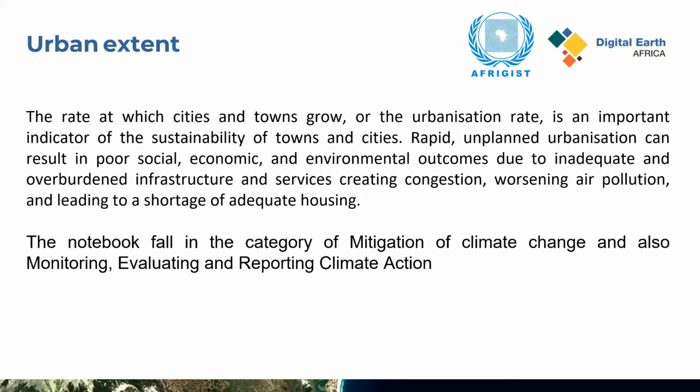So let's see through this notebook how you can measure this extent in a particular area that you could identify. This particular notebook falls into the category of mitigation of climate change, and also a way of monitoring, evaluating, and reporting on climate action.